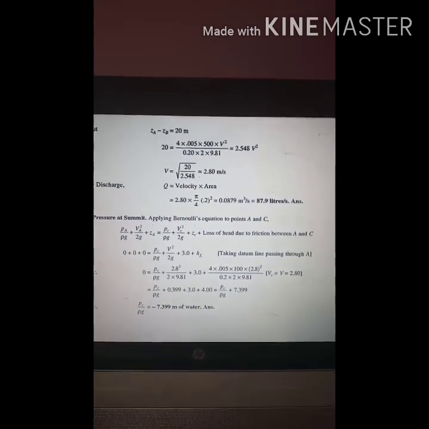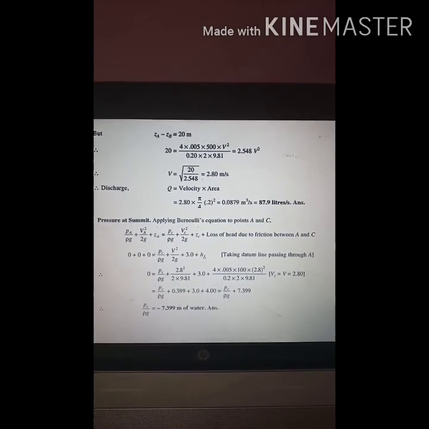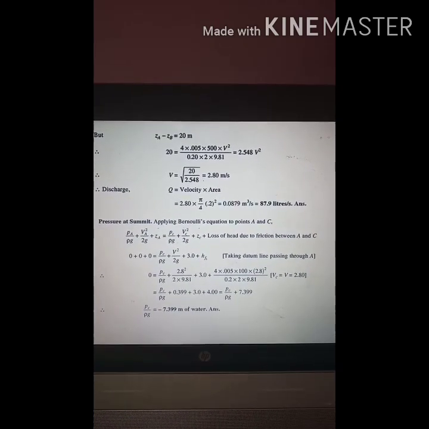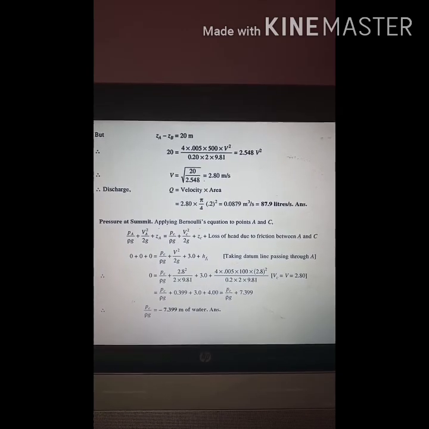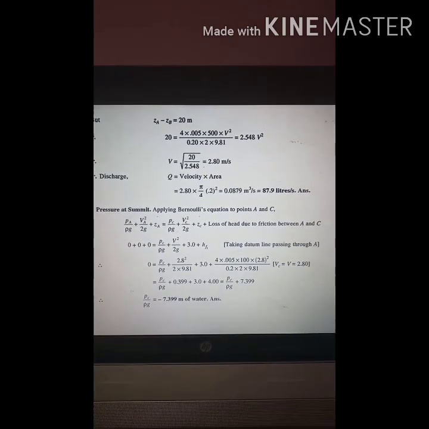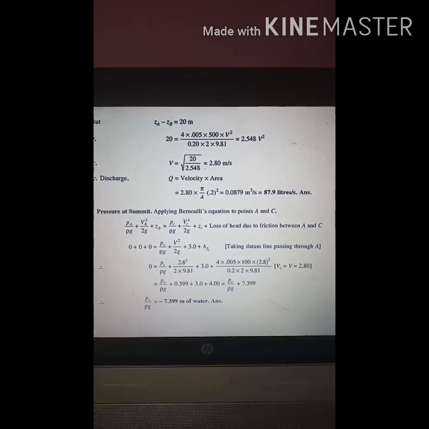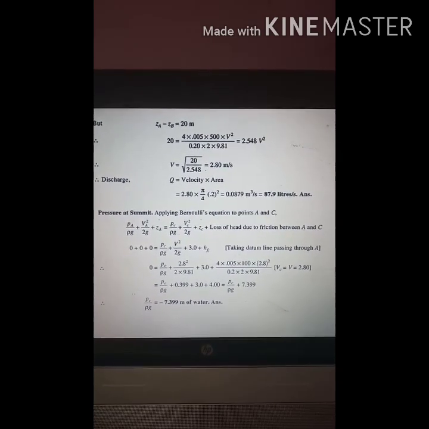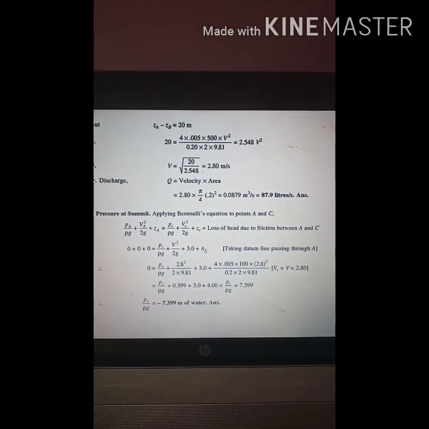So we are in safe zone, and we can use this height of 3 meter for this numerical. Okay, so have you understood the purpose of siphon? The siphon is very useful for carrying water. But you have to take care what should be the maximum height of the point summit.